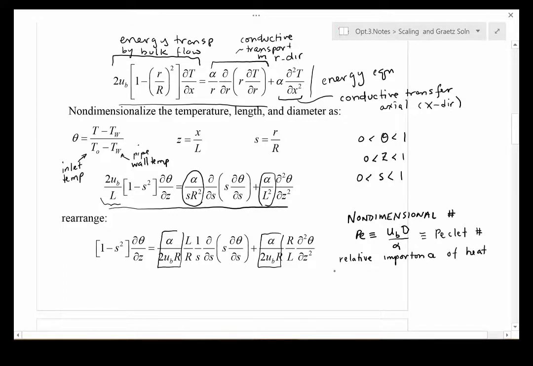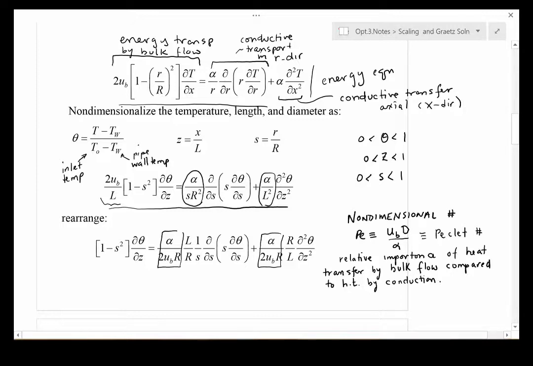So the numerator represents the velocity, and it is compared to heat transfer by conduction, or diffusion, because conduction is a diffusive process.